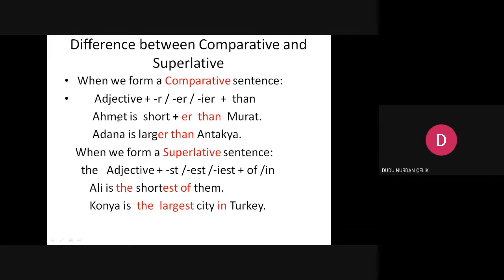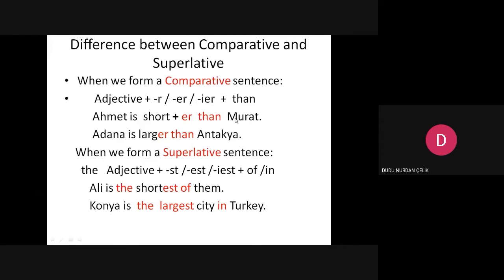Like Ahmet is shorter, adjective and the addition. Ahmet is shorter. And if we say, who is Ahmet shorter than? Ahmet is shorter than Murat. We compare Ahmet and Murat, and we add Murat at the end of the sentence.